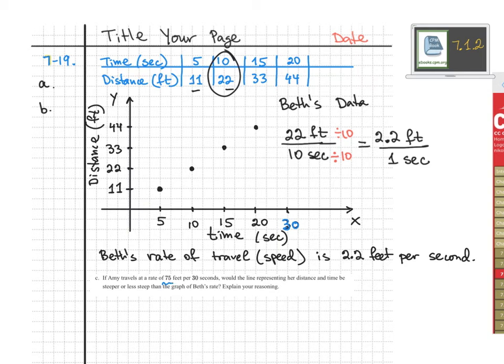So I'm looking for the number 75 feet. Looking up, the next one is 66, and then another 11, 77. So somewhere over here, a little bit steeper. So I could say that is definitely steeper. That's my explanation by putting that point there.